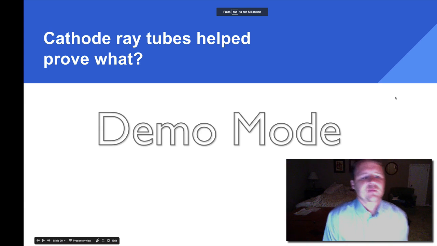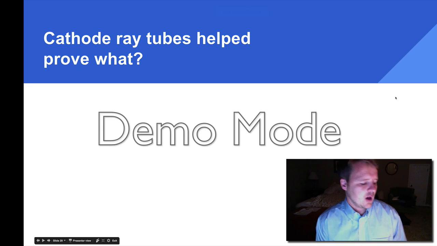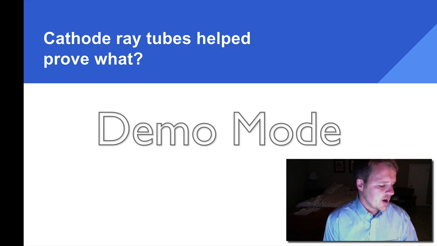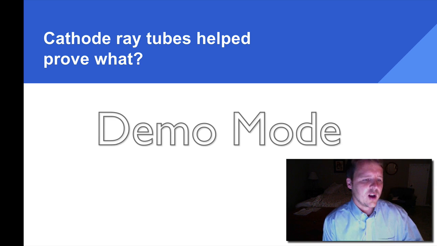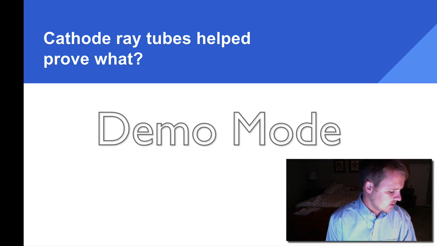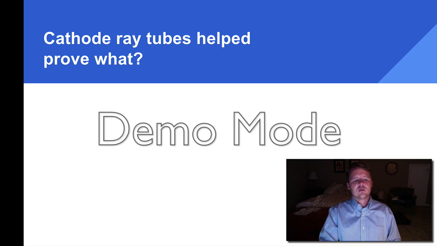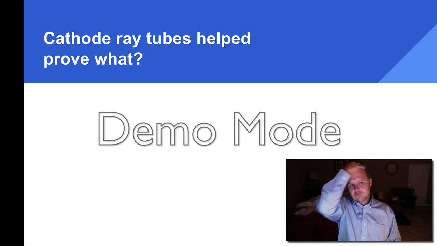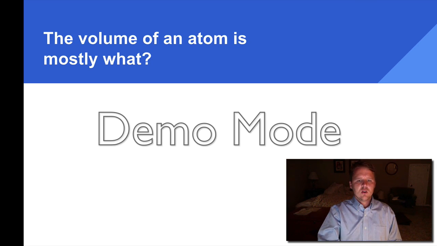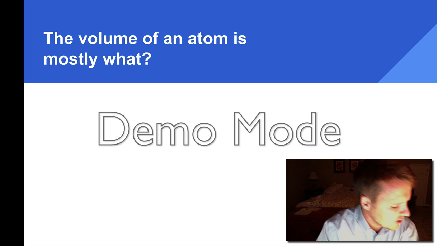Okay. So, just a review. Cathode ray tubes helped prove what? They helped prove the existence of electrons. The volume of an atom is mostly what?